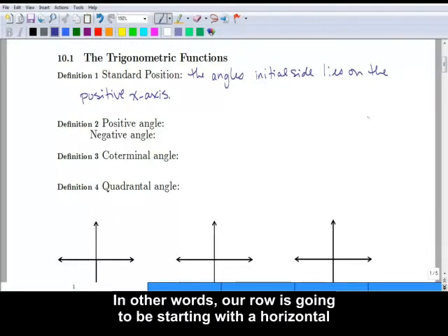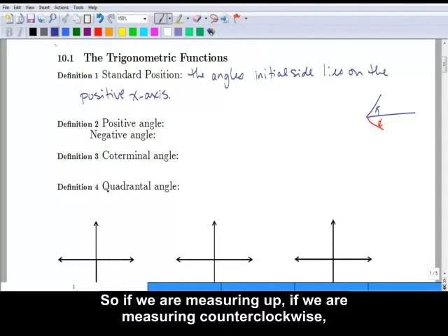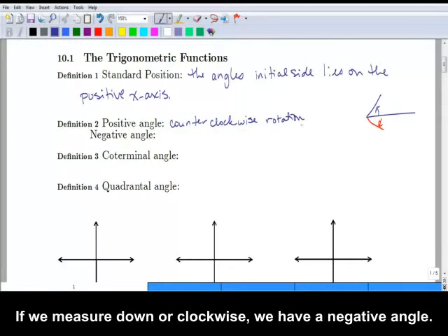In other words, we're always going to be starting with the horizontal, and we're either going to be measuring up or measuring down from this position. So if we are measuring up, if we are measuring counterclockwise, then we have a positive angle. If we measure down or clockwise, we have a negative angle.